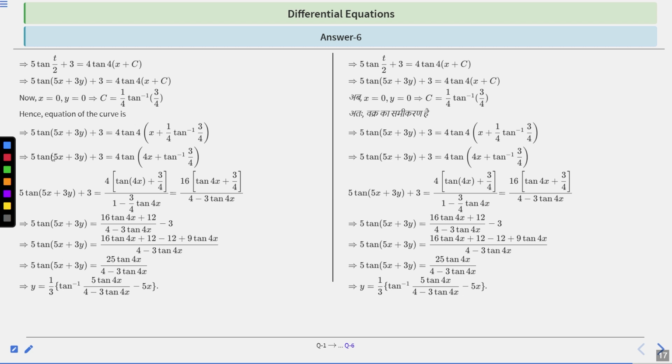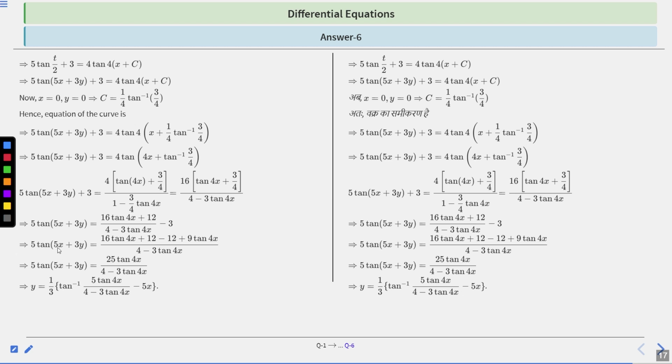Therefore tan inverse of (5 tan(5x plus 3y) plus 3) upon 4 is equal to 4x plus tan inverse 3 by 4. Therefore (5 tan(5x plus 3y) plus 3) upon 4 is equal to tan of (4x plus tan inverse 3 by 4), because tan of tan inverse 3 by 4 is 3 by 4, giving tan 4x plus 3 by 4 upon 1 minus 3 by 4 into tan 4x, and after simplification you will get 16 tan 4x plus 12 upon 4 minus 3 tan 4x, right?